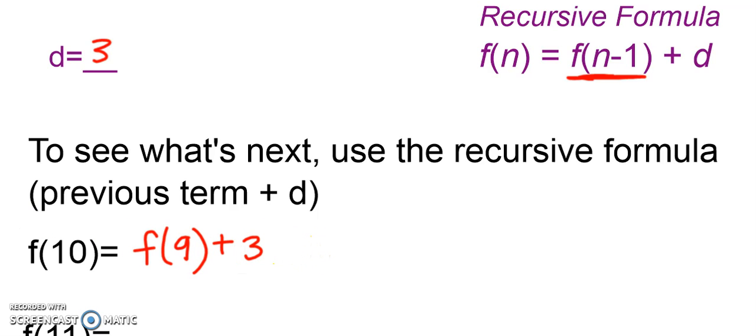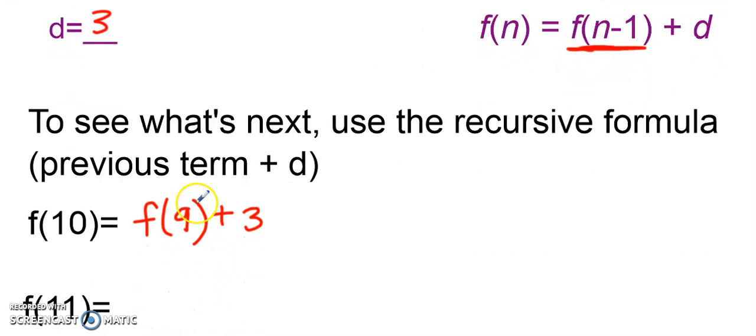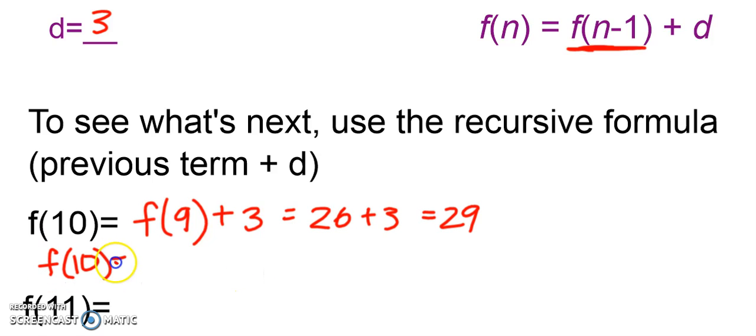Now, if I look back up at the sequence up here, the 9th term is right here, 26. So to kind of reiterate what I'm doing, I'm going to take the number 26, add the number 3, and that will give me my 10th term, which is 29. So we know f of 10, which is the 10th term, is 29.